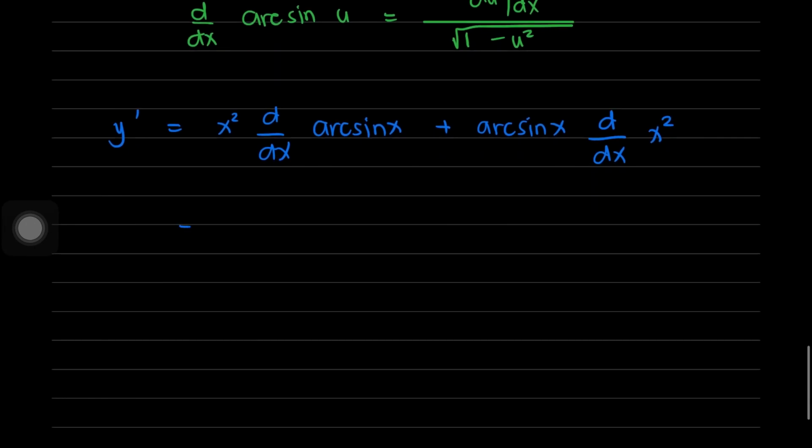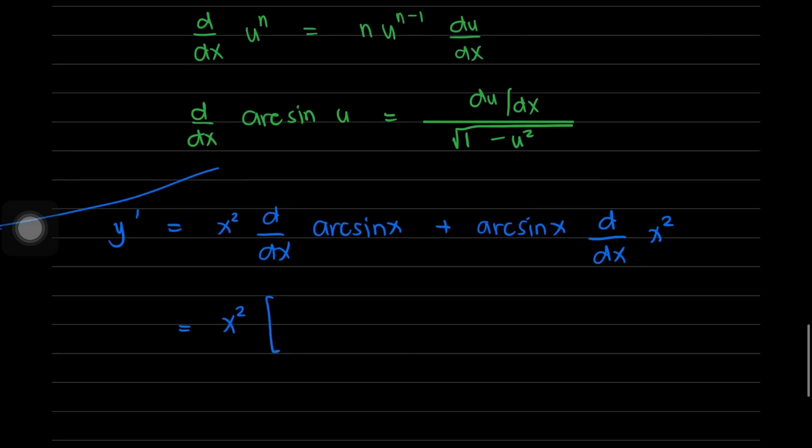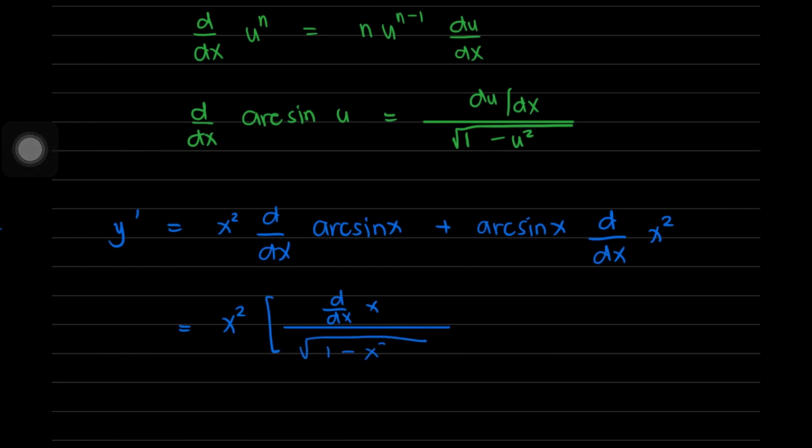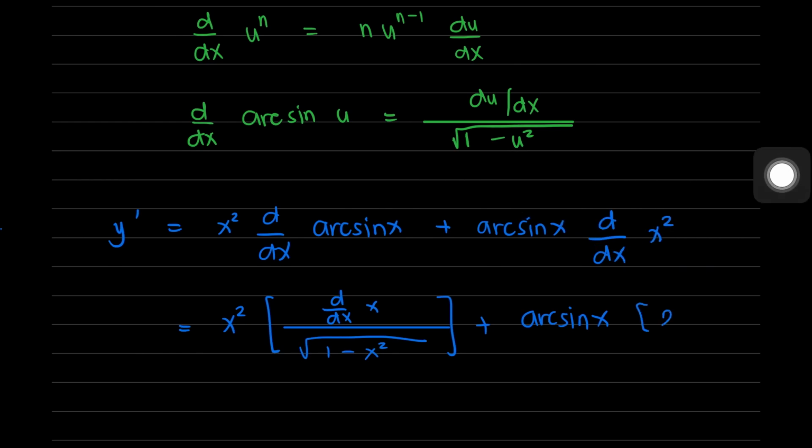So this would be equal to x squared multiplied by the derivative of arcsine of x. We're going to use this formula we have in here. So that would be the derivative with respect to x of x, because u in here would be x, all over the square root of 1 minus x squared, plus arcsine of x multiplied by the derivative of x squared, and the derivative of x squared is equal to 2x.